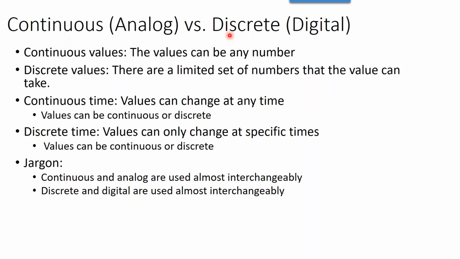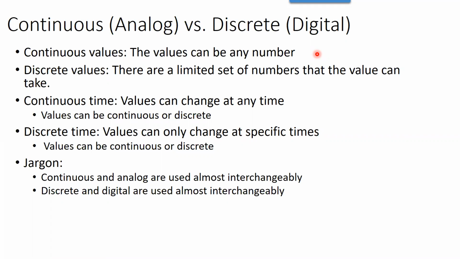And then the same thing with discrete. Continuous and discrete would be more the mathematical terms. Analog and digital would be more engineering terms. All right. Now, continuous values means the value can take on any number, any precision. There's no jumping, there's no illegal values.